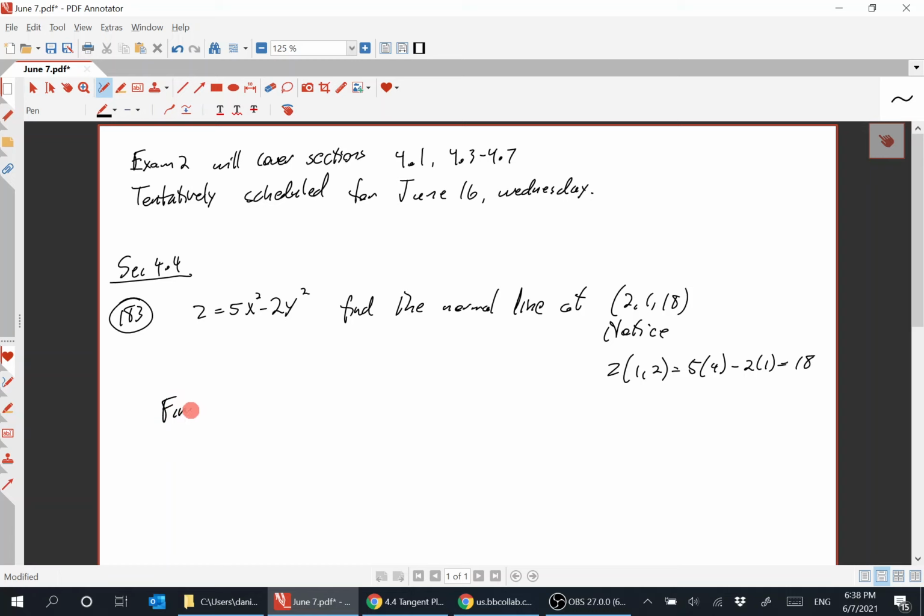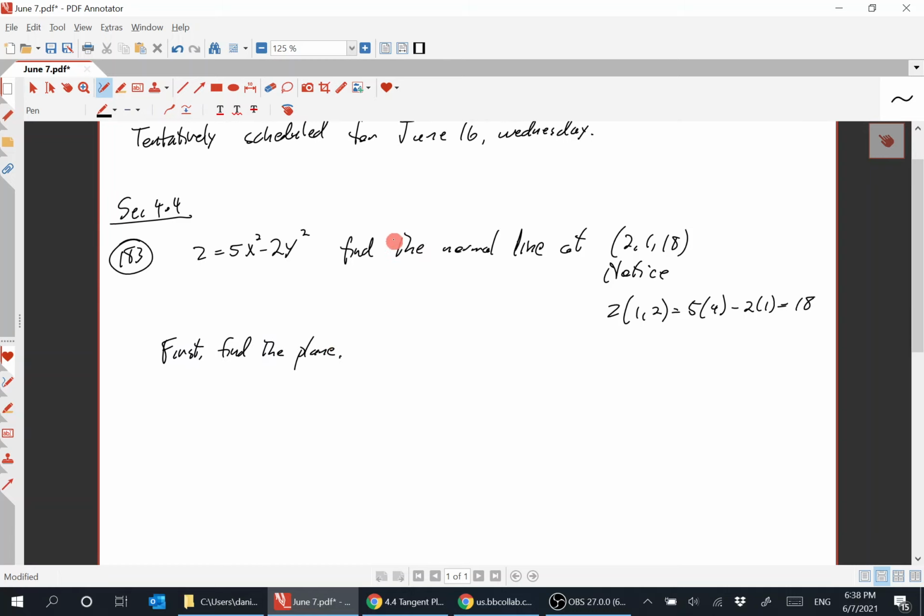So first, find the plane. All right, first find the tangent plane. So the tangent plane has this equation: z minus c is equal to the partial of z with respect to x at the point (a, b), times x minus a, plus the partial of z with respect to y at (a, b), times y minus b.